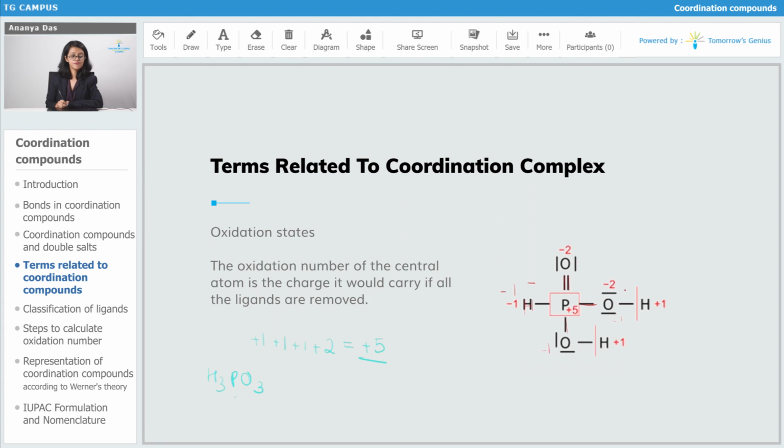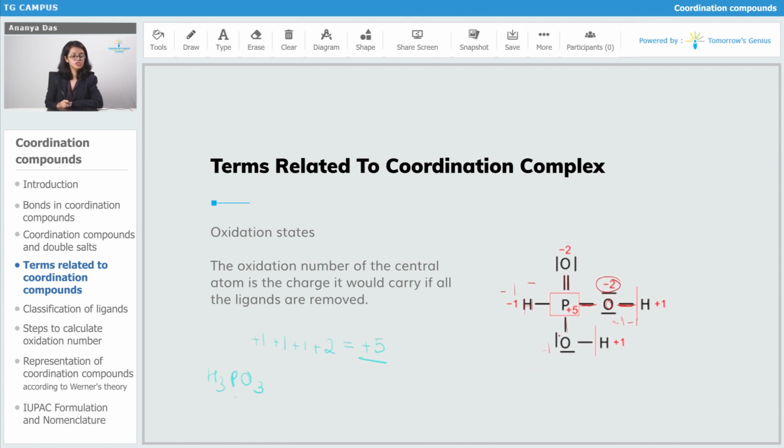Now, if we talk about this oxygen, as I said, this oxygen takes away the electrons from phosphorus via this bond and gains a -1 charge. Also, this oxygen is going to take away the electrons from the hydrogen via the single bond and again gain a -1 charge, which gives us a total of -2.